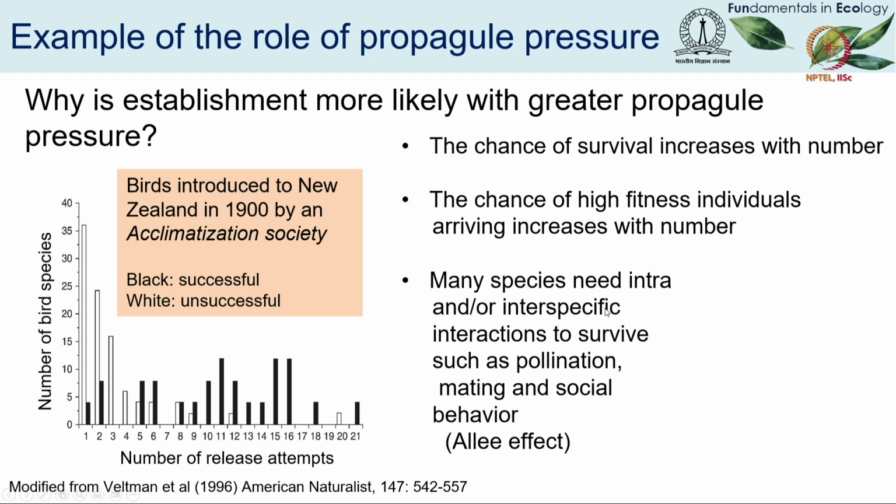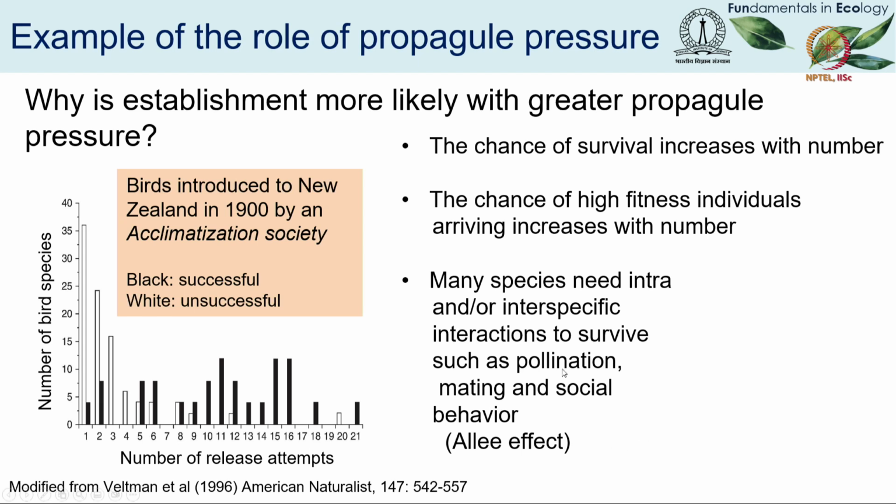The other reason is that many species need other individuals in order to establish. For example, social species need a whole group of them, so it may not be able to spread until there's a larger population.